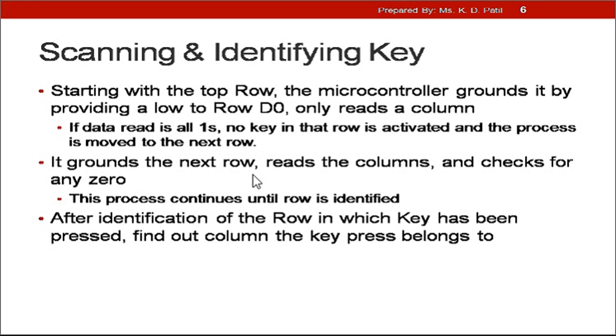So again the microcontroller will move to the next row, ground it, read the columns and check for the 0. This process will continue until the row is identified.